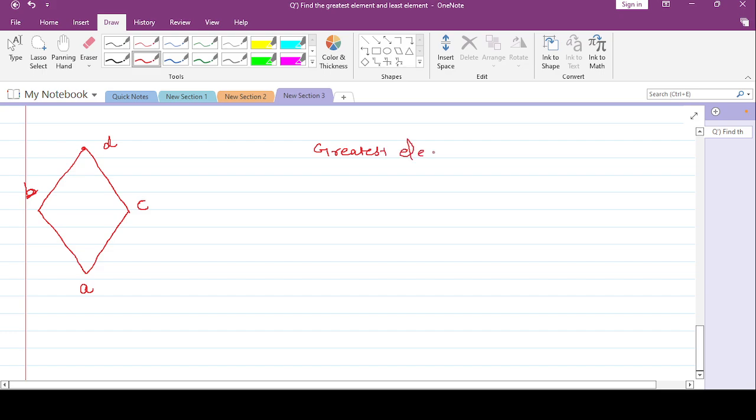Okay. So you see that greatest element. See here, this C has a relationship with D. This B has a relationship with D. A also has a relationship with D. So the greatest element is D. Okay, least element.